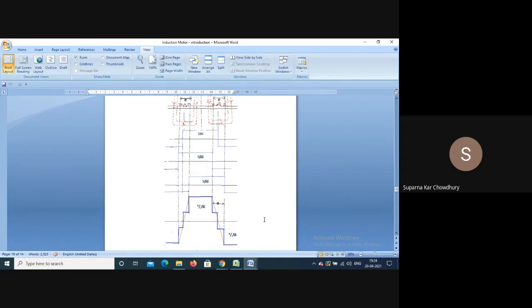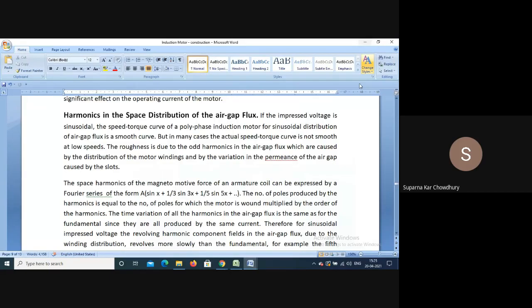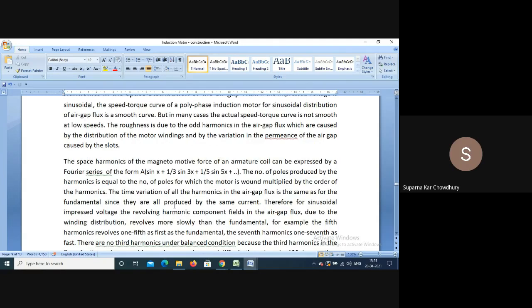So this trapezoidal MMF wave, by Fourier analysis, can be shown to be equal to a fundamental plus harmonics. Again, the even harmonics are absent because of the symmetry, so we will have odd harmonics. It can be seen that it is some magnitude into sin x plus 1/3 sin 3x plus 1/5 sin 5x and so on. Consider that all these harmonics are created by the fundamental current only.